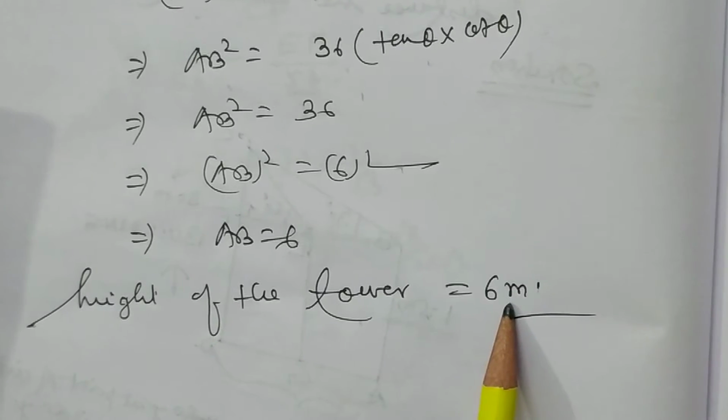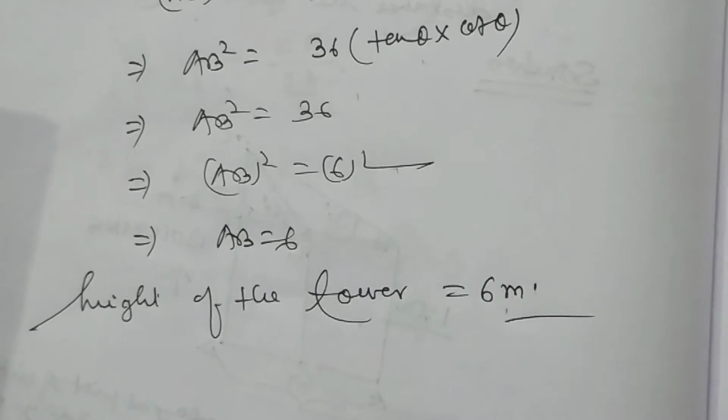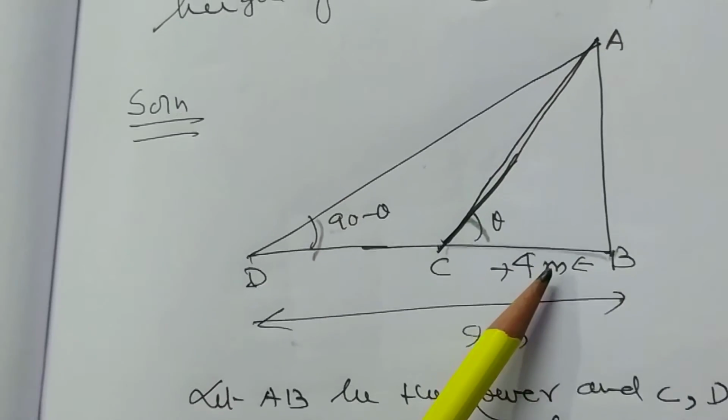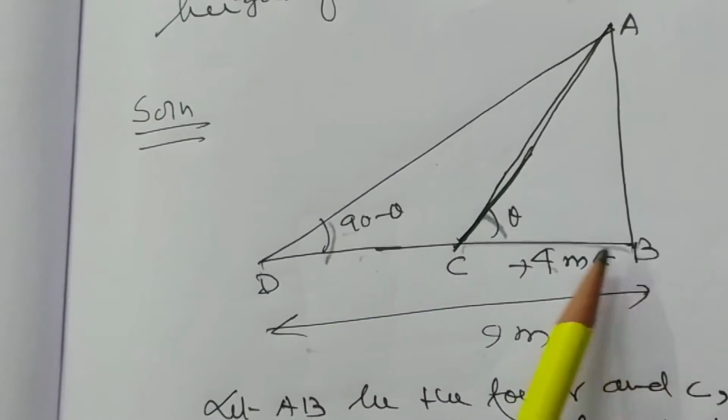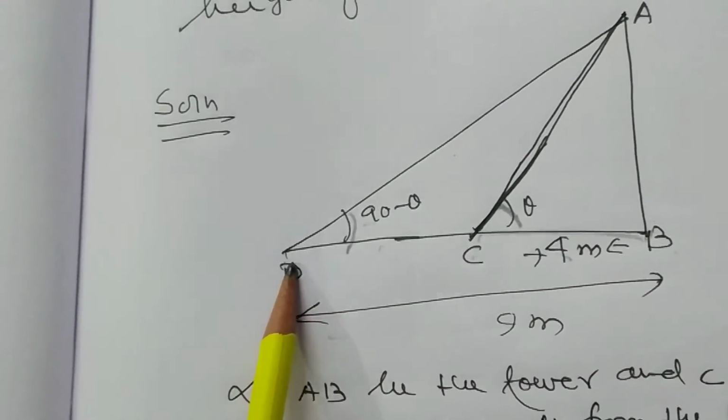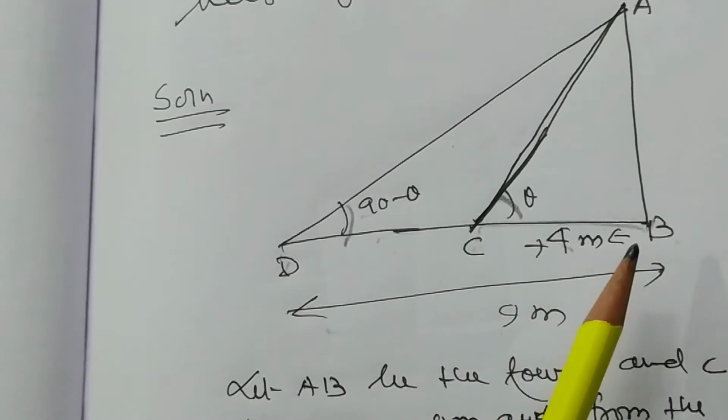9 into 4. So instead of 4 and 9, here A and here B, BC is A and BD is B, then height will be square root of AB.